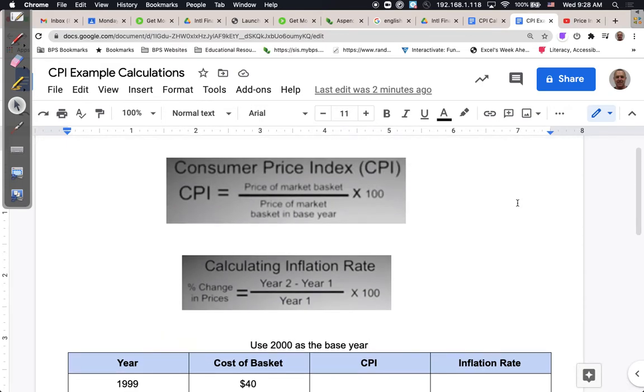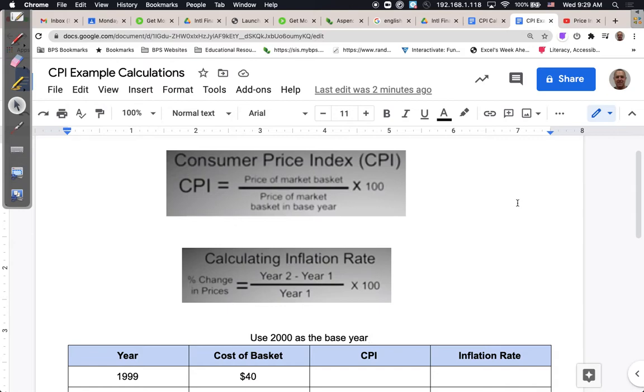All right. Now, as you guys have seen, what goes into the market basket that's included in the CPI is very, very diverse and very complex and very well thought out by a lot of people. But we're going to just simplify everything. We're going to say the cost of the basket, and we're using easy numbers just so you get an idea of how CPI is calculated.